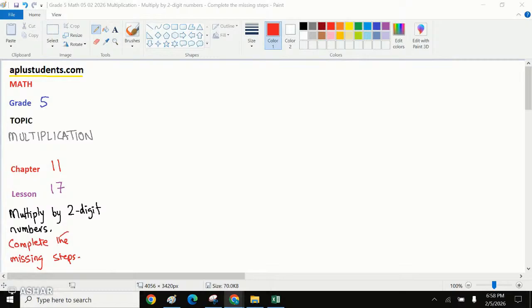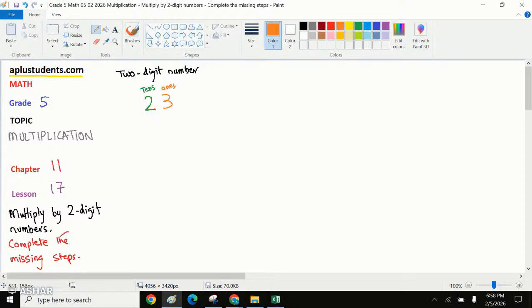Before starting off with the first question, we'll see what 2-digit numbers are. We know that we can select any number. Let's suppose we say 23. The first position is tens, and the innermost number is always ones, right?